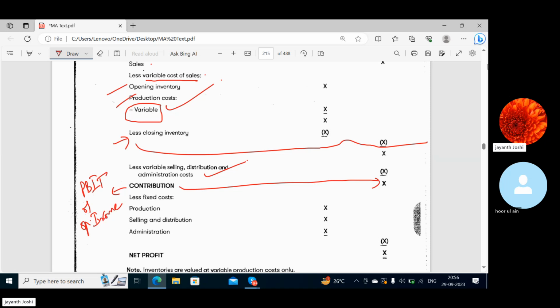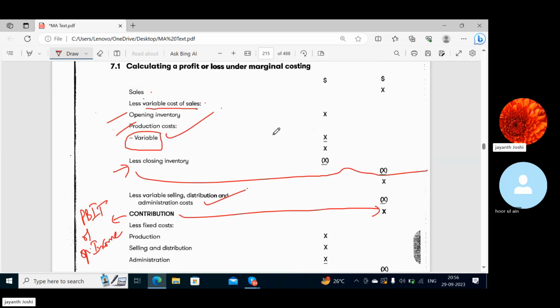Okay. So again, I'm saying under variable cost of sales or product cost, you have taken the variable production cost. Fixed production cost you haven't taken. Okay, and whatever is a non-production cost is already under the period cost. So period cost is nothing but non-product cost.